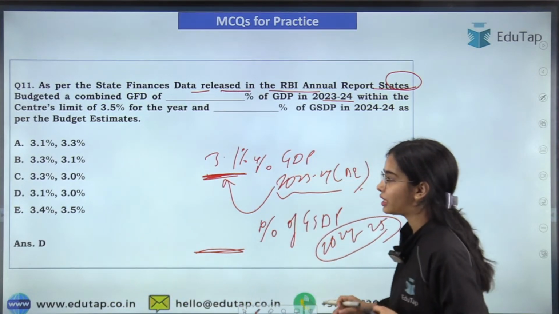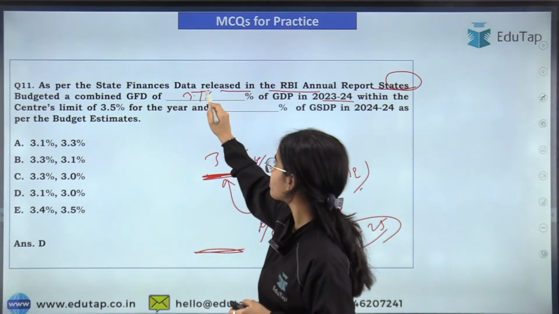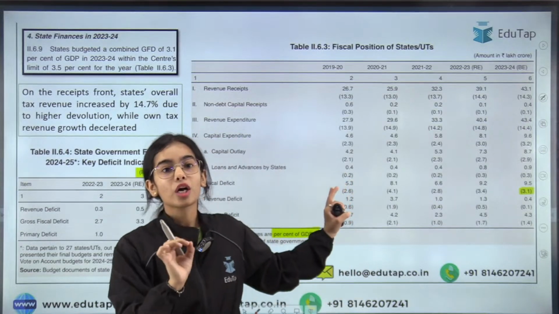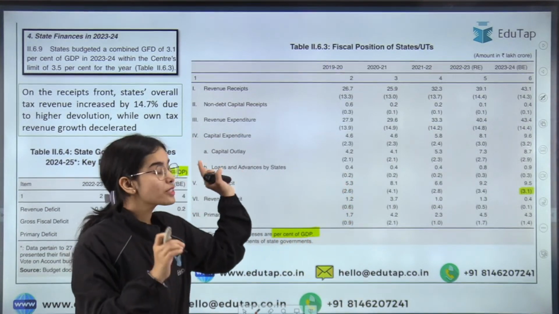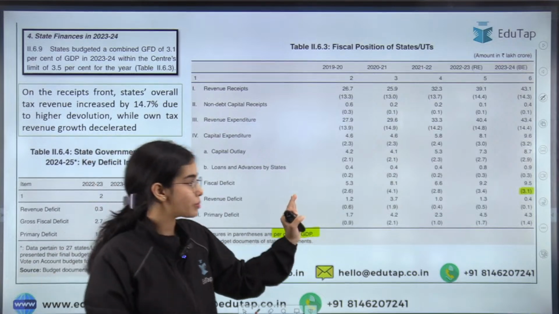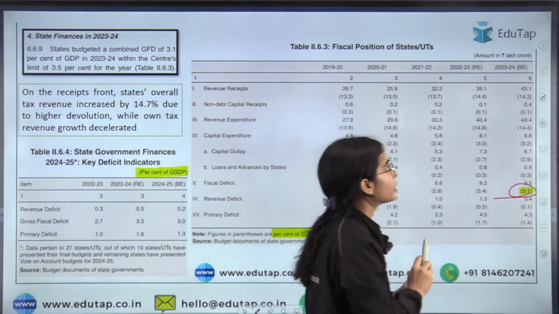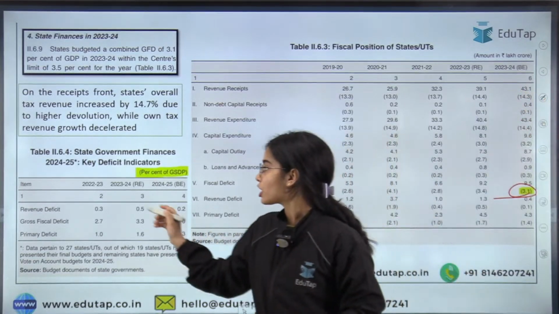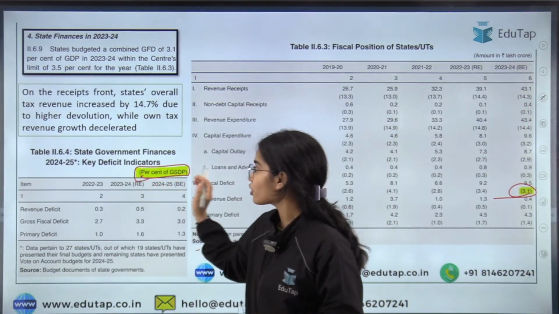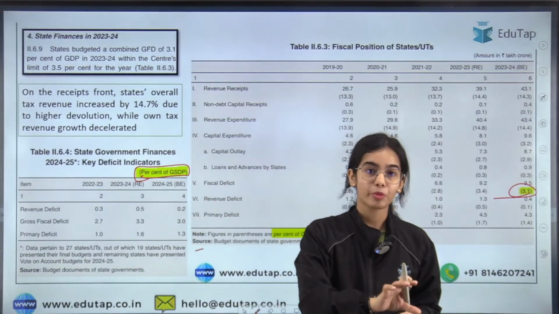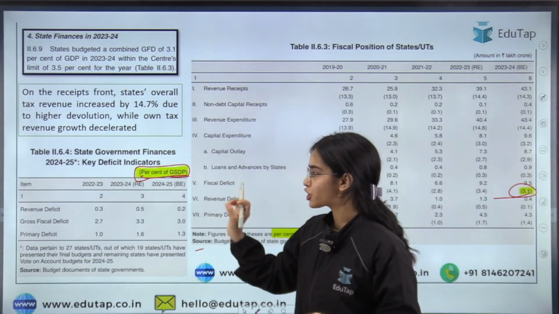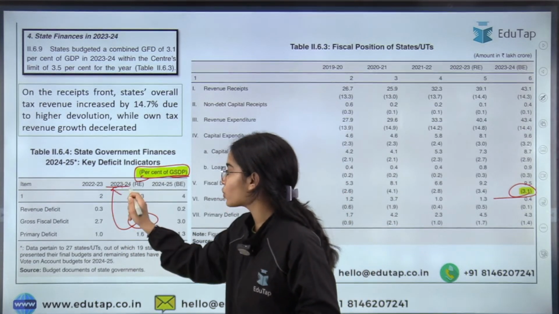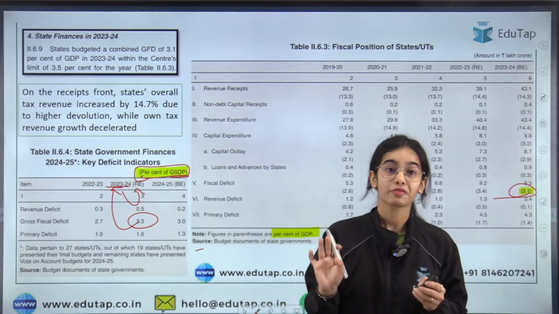So the answer is D only, because 3.1 percent versus 3.0 percent. If we talk about the percent of GDP, the gross fiscal deficit was 3.1% of GDP in 2023-24 as per the budget estimates. When we talk about the percentage of gross state domestic product, that is GSDP, 3.3% is for the 2023-24 revised estimates.